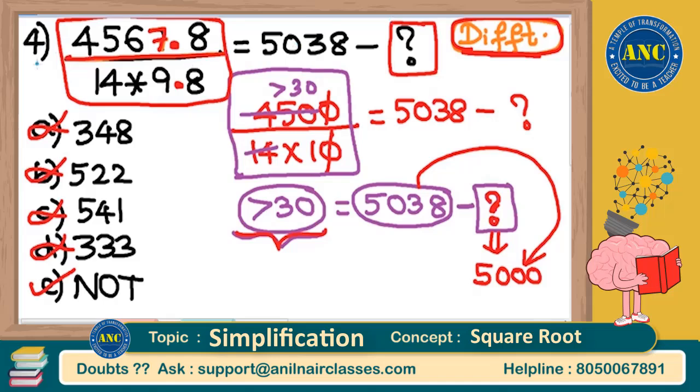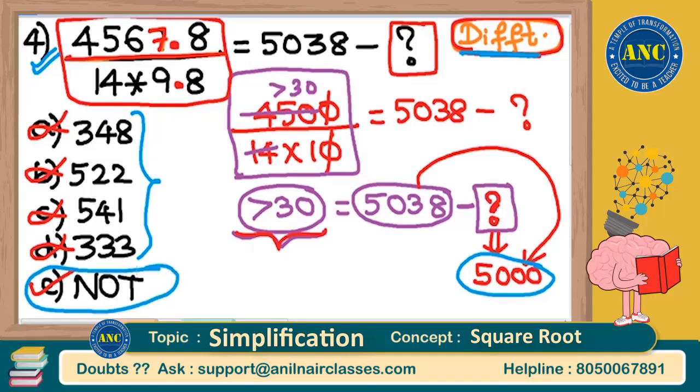Yes, he gave you a difficult simplification here, but he made something else easy. That something else is giving these options as stupid options, which are not even in the range of 5000s. Again, from the last 6 years of papers, whenever it's a very difficult question, most of the times the answer will be none of these.